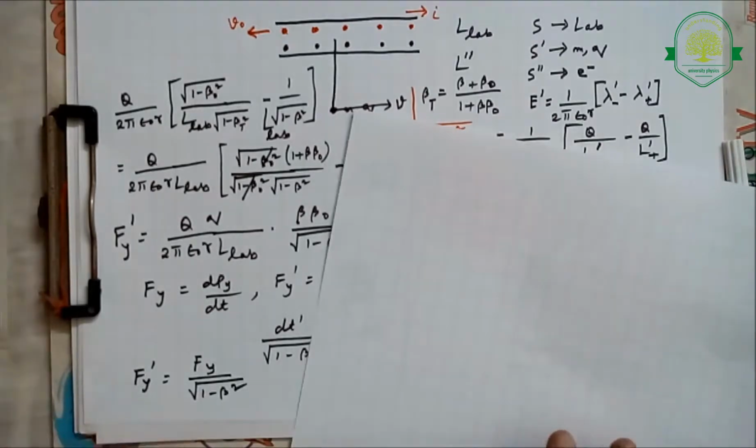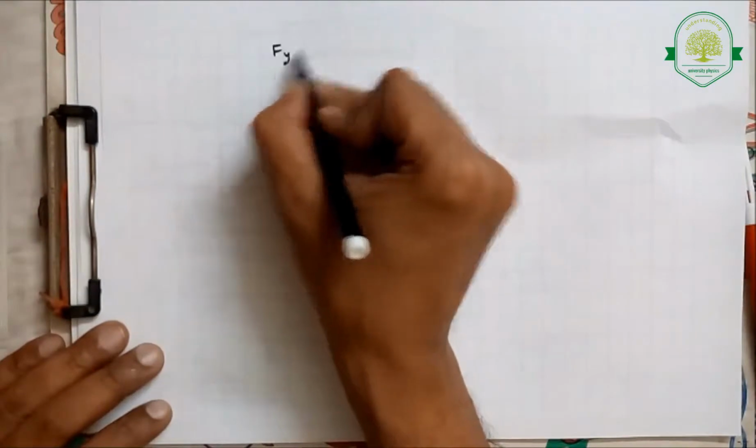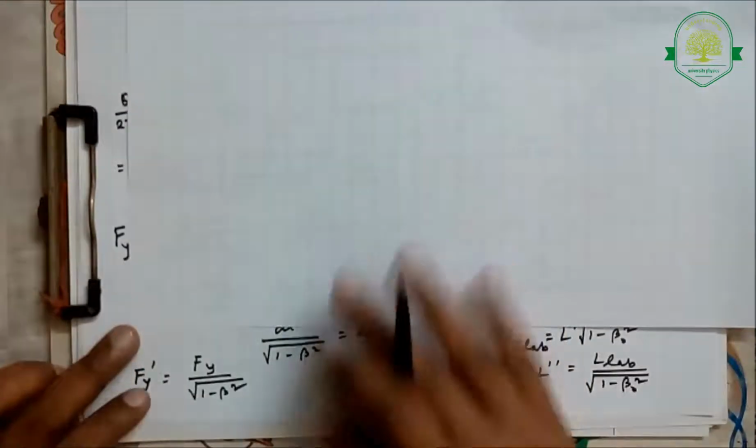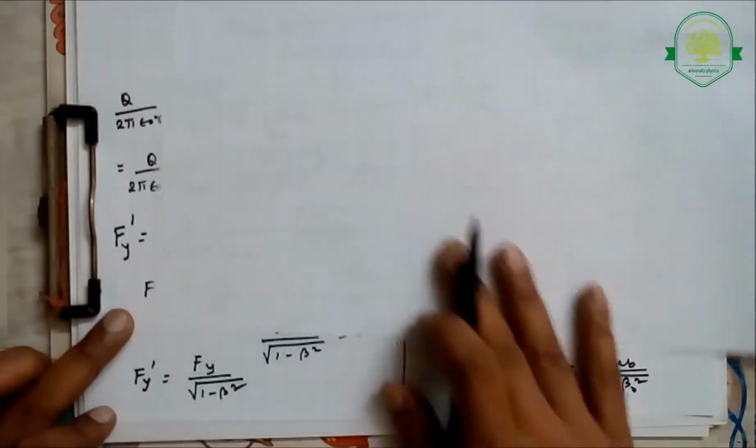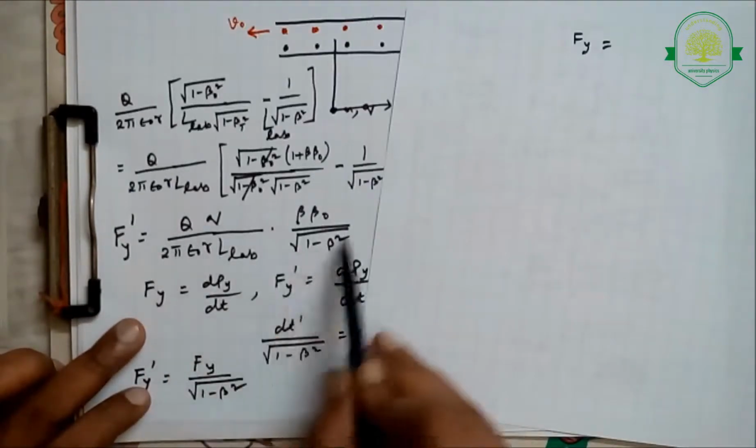So continuing with this, Fy then will just be Fy primed times square root of 1 minus beta squared, and Fy primed is given by this expression.